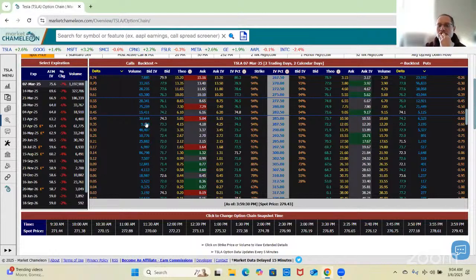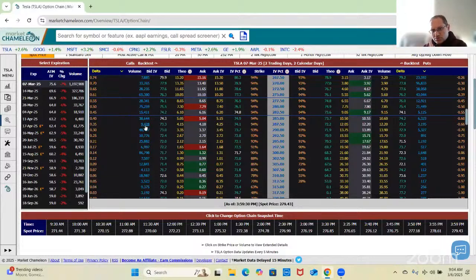And if we're looking at the call, here's the call price, 4.15 bid, 4.25 offered, and we see that there are over 9,000 contracts traded in that particular option, 9,428.